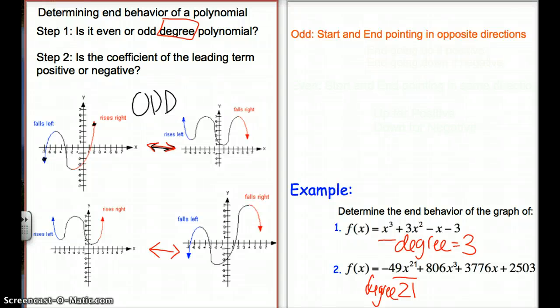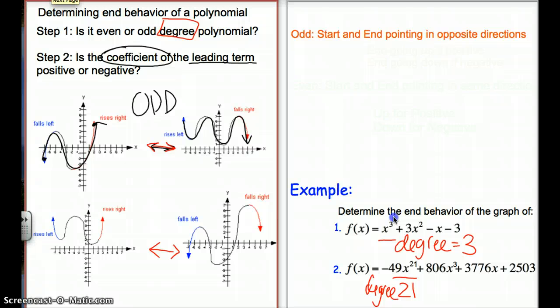Anything odd will have a characteristic that it will start and end in opposite directions. Now, how do we decide if it is going up or down and it ends going up, or if it ends going down like the second one? Well, that will depend on the coefficient of the leading term. And they call this the leading coefficient test.